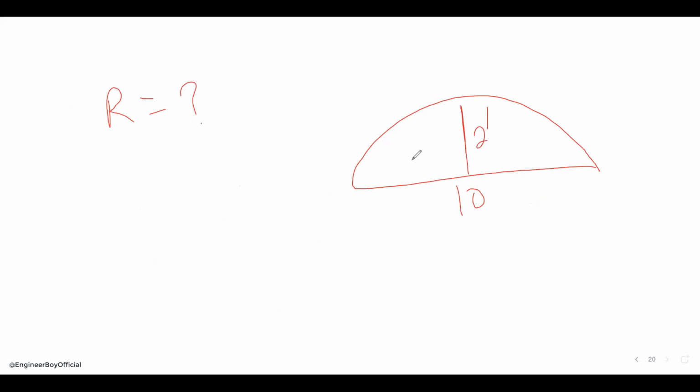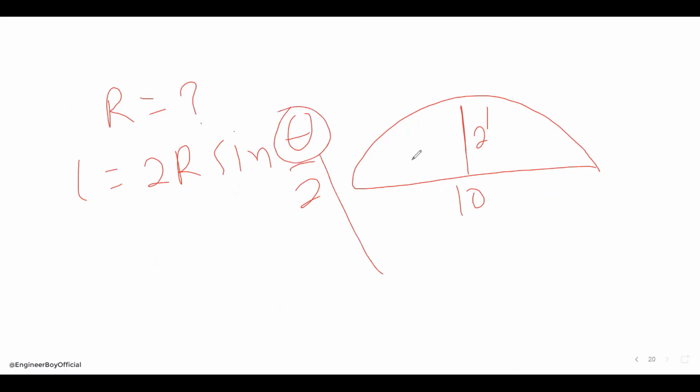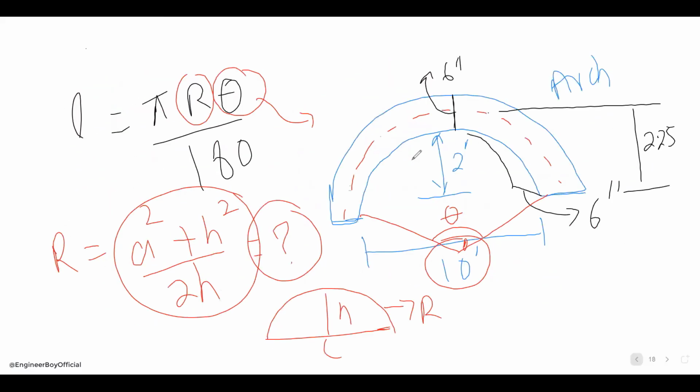Remember, the chord should be 2r sine theta by 2. Do you remember this from land surveying, from the curves chapter? It means there is theta, and we can calculate this theta from this point. So now we have theta, and then we have the radius.